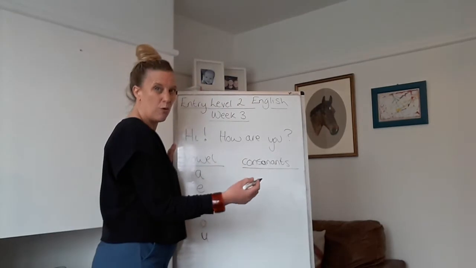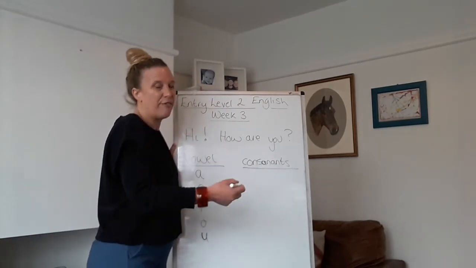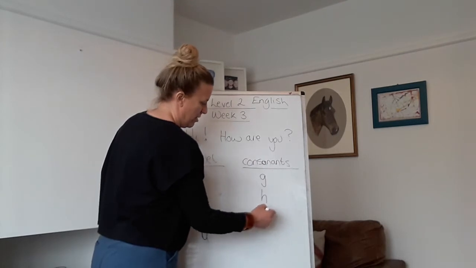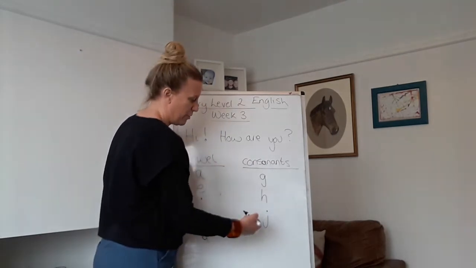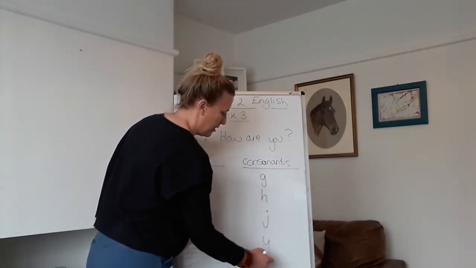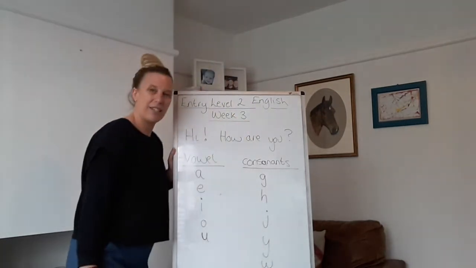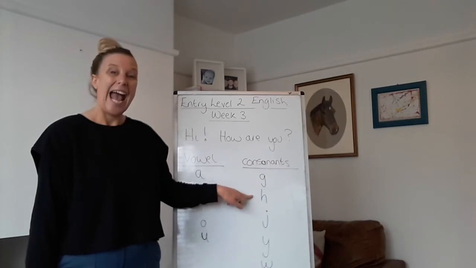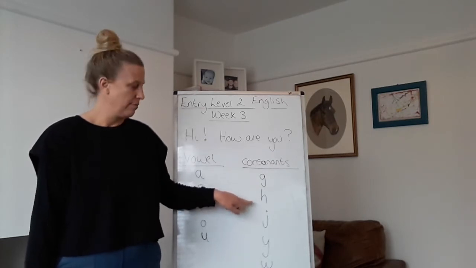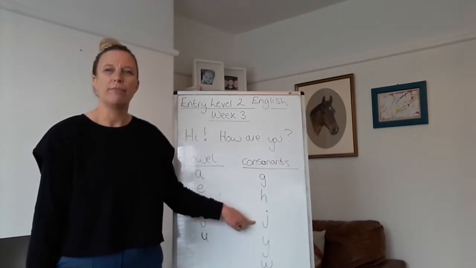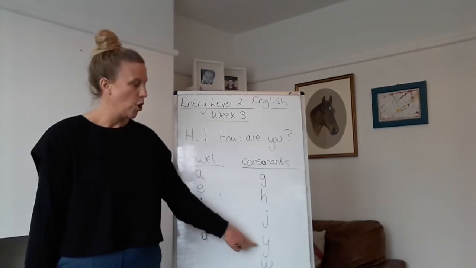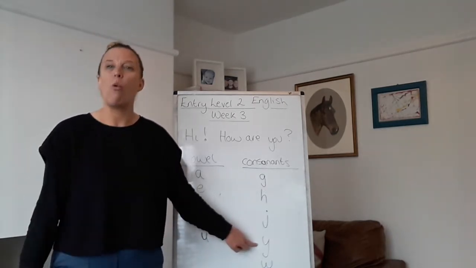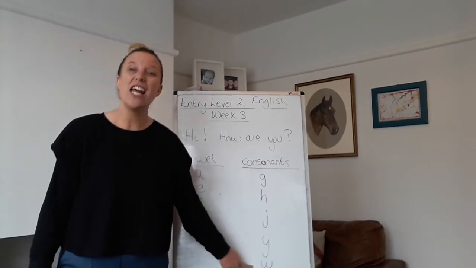So our consonants are all the others, B, C, D, F, and then these ones people get muddled quite often. So we've got G, H, J, Y. A lot of people get this one wrong. Y and W.